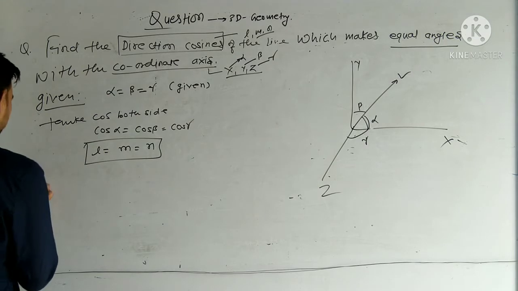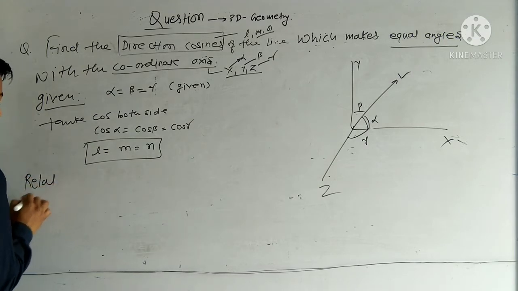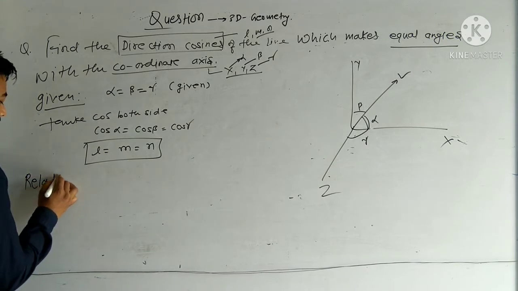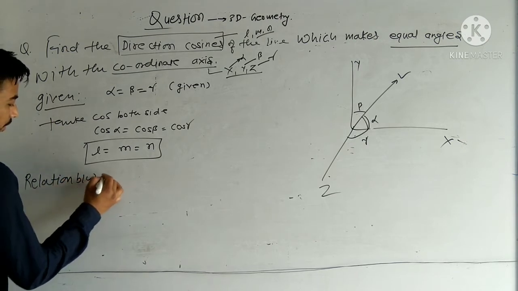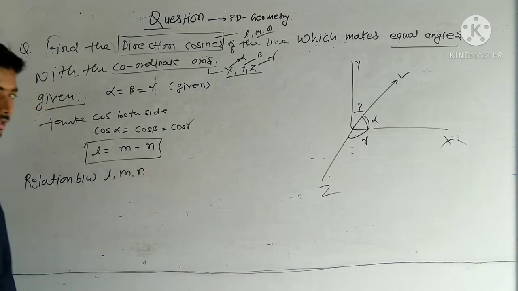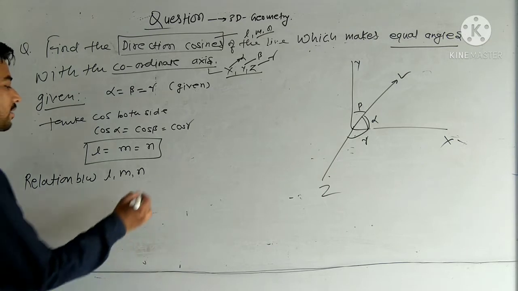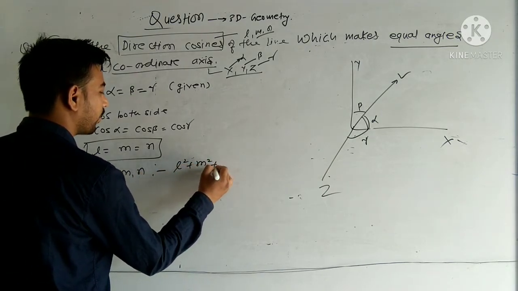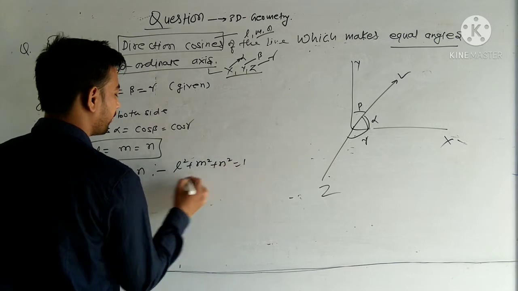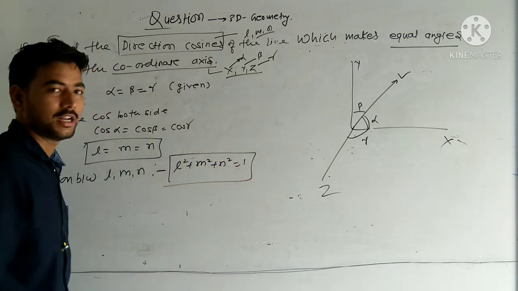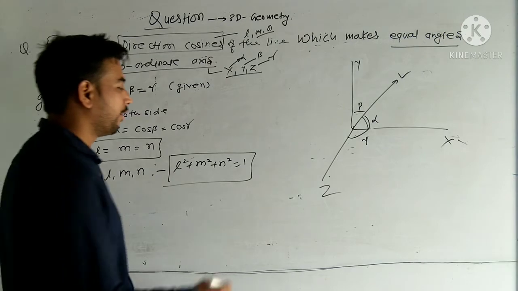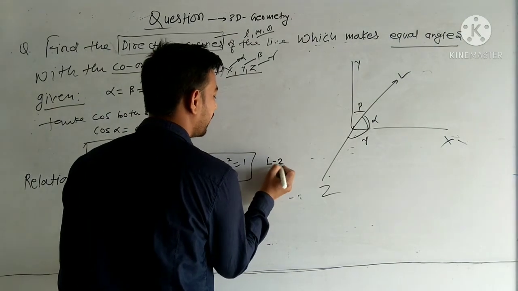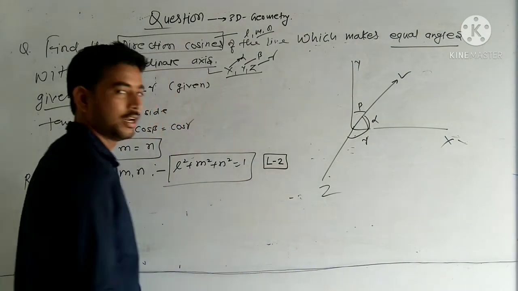And in a lecture I have explained the relation between L, M, N. Everyone must remember what is the relation of that? The relation is L square plus M square plus N square equal to 1. If you want to see its proof, then you can watch my lecture number 2.